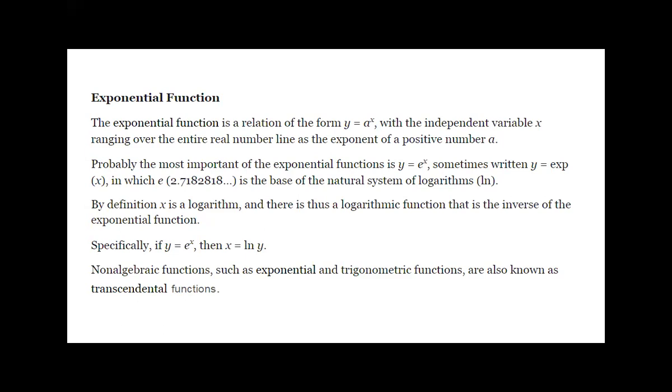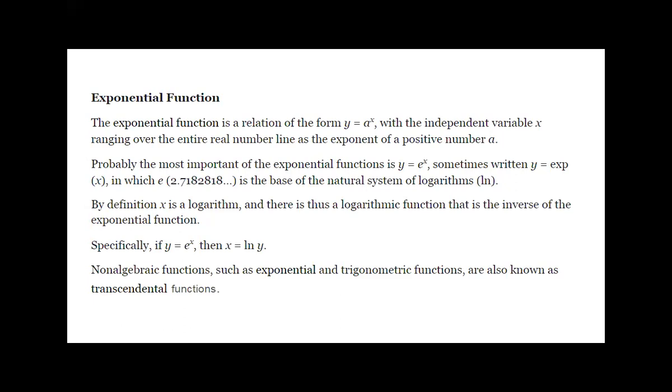So the function is either y is equal to e raised to x or x is equal to logarithm y. In that case, the base of that log is e. e is nothing but exponential, and that e has the value 2.7182818.